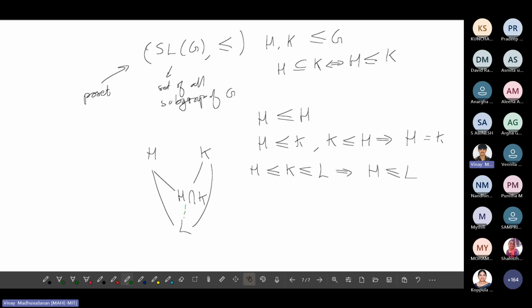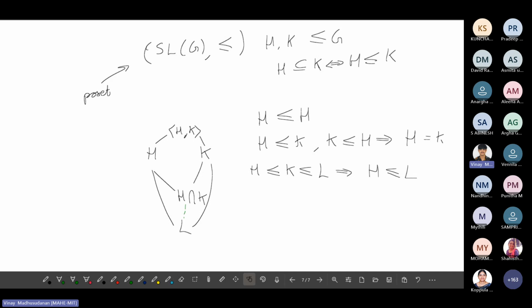Similarly, you know that the union of two subgroups is never a subgroup unless one of them is contained in the other. But still you can consider the smallest subgroup containing both H and K, that means the intersection of all subgroups that contain both H and K. Again this has a similar property.